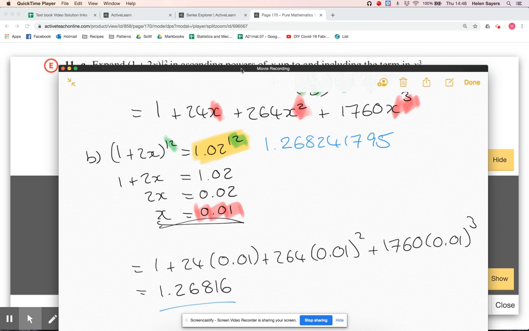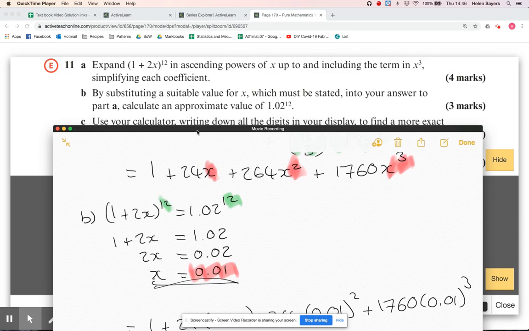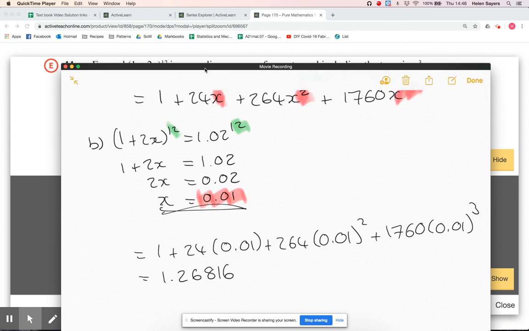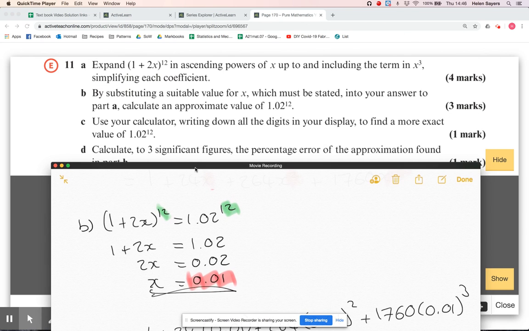I would be pretty happy with that approximation. I would always write the full answer out that you get, and then round it to 3 significant figures, but definitely write the full answer out, otherwise it might look like you've just got it from your calculator.